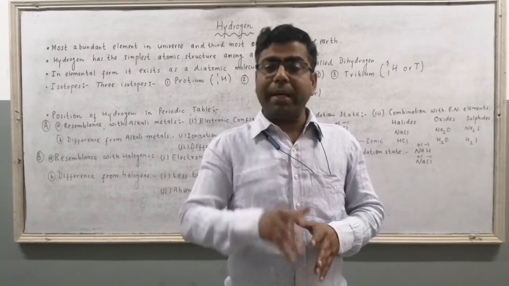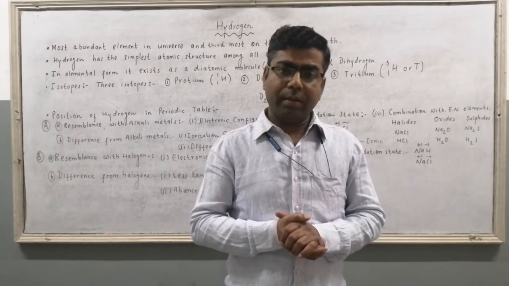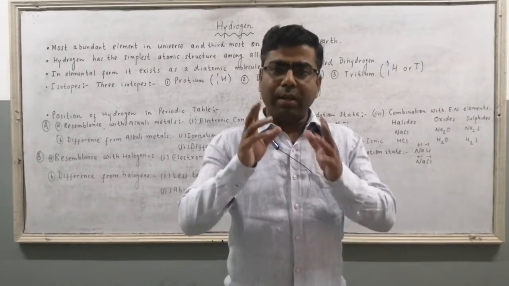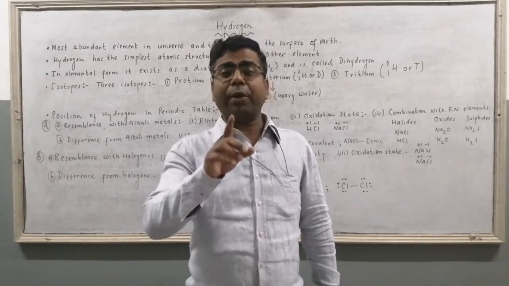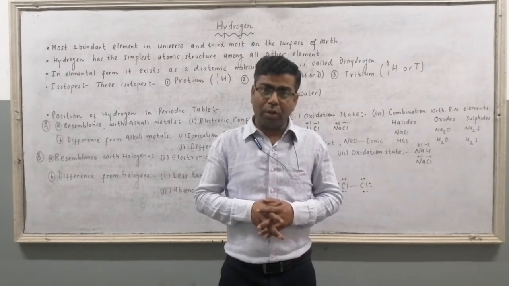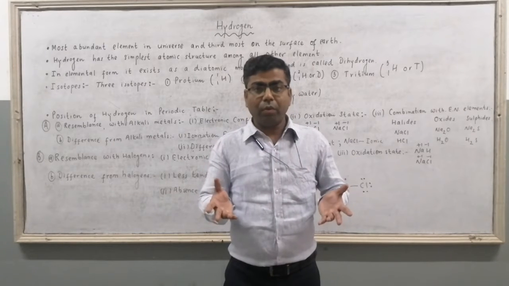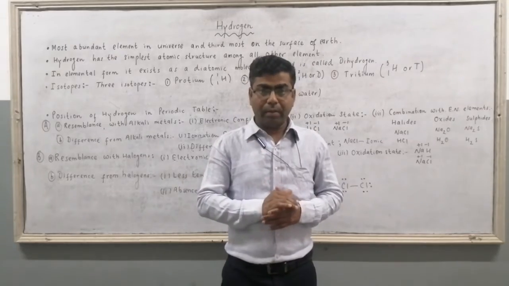Lithium, the first alkali metal, contains 1 electron in the valence shell. Sodium also contains 1 electron in the valence shell. Similarly, potassium, rubidium, cesium and francium also contain 1 electron in the valence shell. This means the number of valence electrons is the same for hydrogen and alkali metals, that is 1.